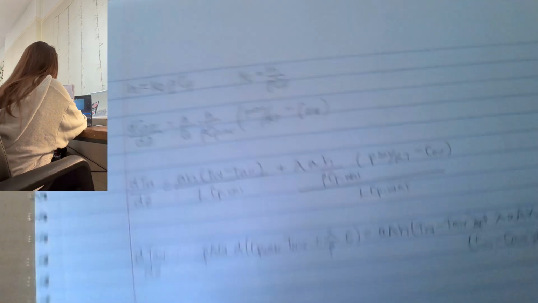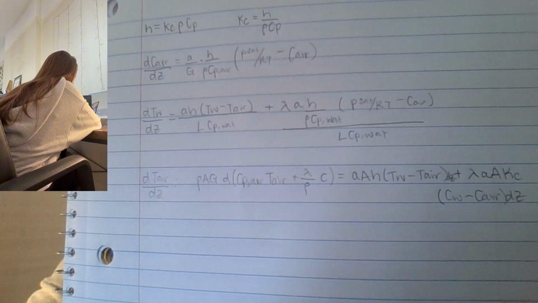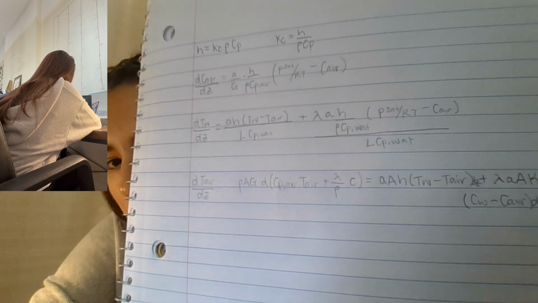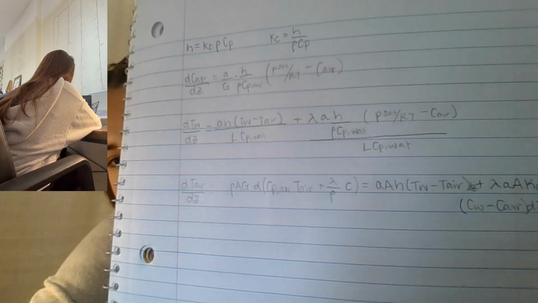And then these have dz next to them too. Almost forgot. So then we have our traditional heat and mass transfers there too. And then we can plug in for Cw again and divide over the rho Ag.